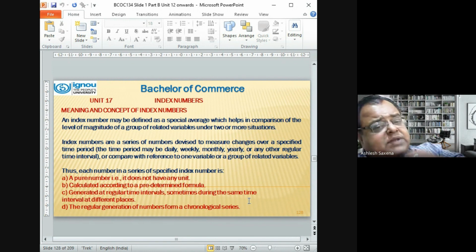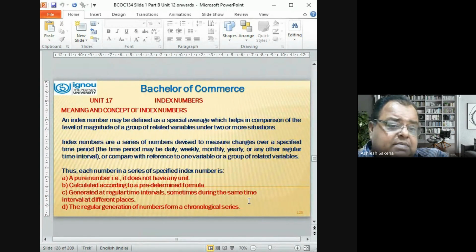Index numbers are a series of numbers devised to measure changes over a specified time period. The time period may be daily, weekly, monthly, yearly, or any other regular time period, or compared with reference to one variable or a group of related variables.